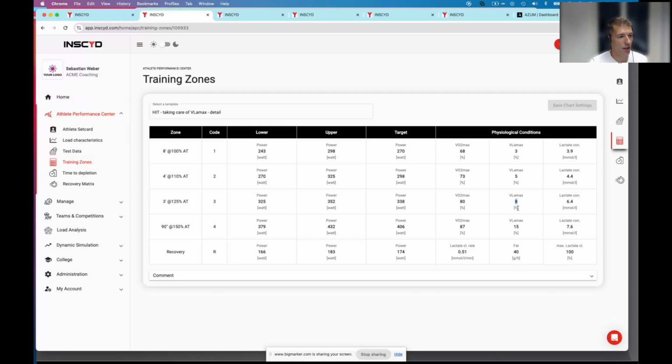So with this athlete, with this metabolic profile, you could say, I do my interval trainings in the winter training, I'm doing 3 minutes here, for example, at 125% anaerobic threshold. This is the power output. Boom. Interval training done.